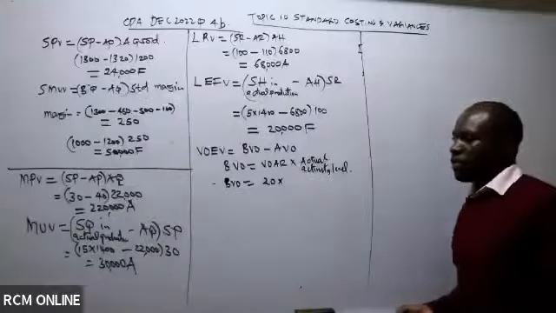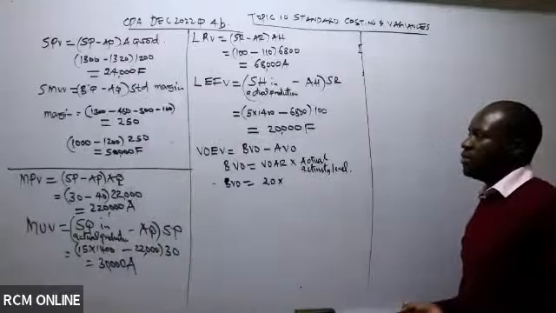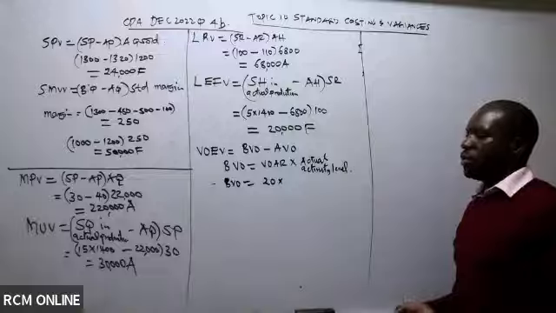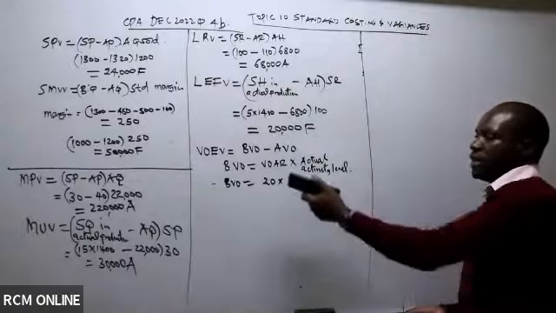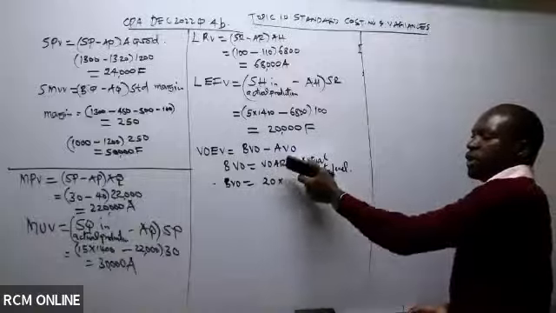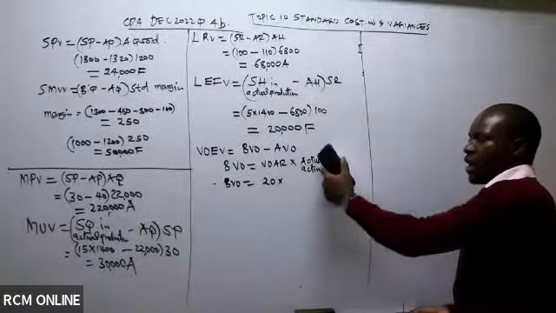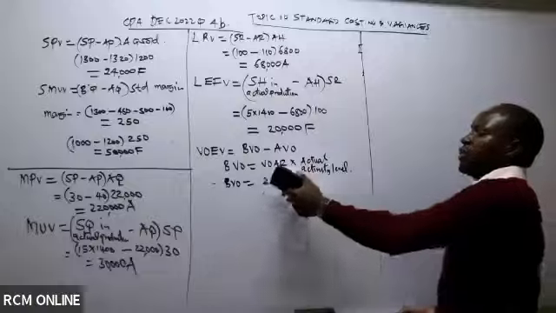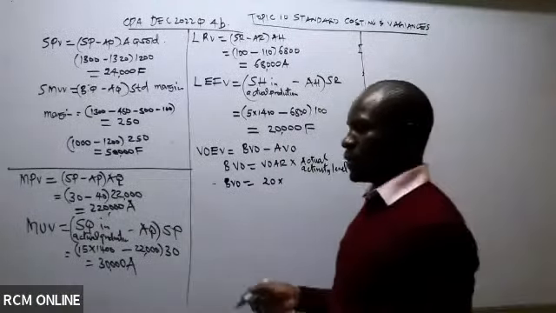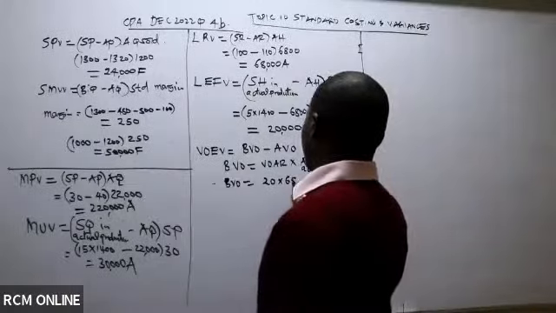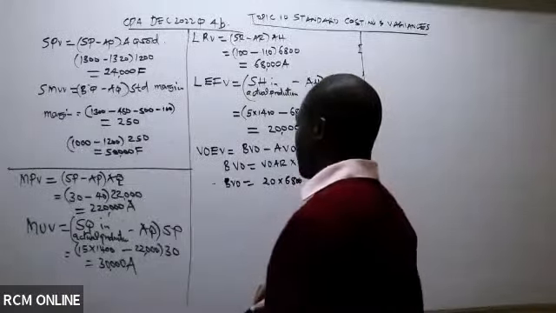Actual activity level is dependent on actual labor hours. So the overheads absorbed will be the variable overhead absorption rate times actual activity level, and they are absorbed based on labor hours. So what is actual labor hours? 6,800.